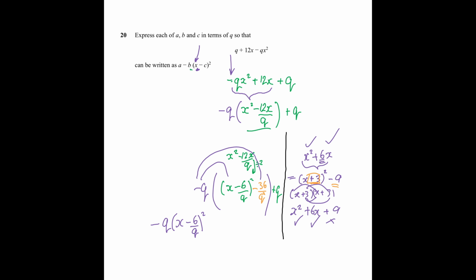But don't forget, I also want to multiply negative q by the negative 36 over q squared, which would give me plus 36 over just q. So the q on the numerator cancels out with one of the q's on q squared, so that's what you get. But obviously adding q afterwards, because the brackets have now ended, I can just write q at the end.